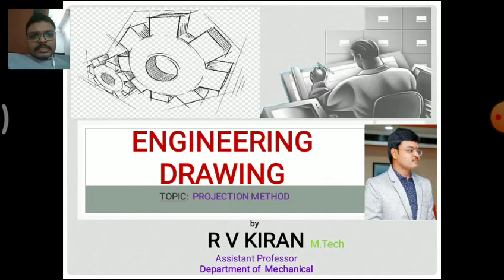In the earlier class we discussed the introduction to engineering drawing. First of all, engineering drawing is a type of technical drawing which is used to clearly define the requirements for engineered items, such as views, dimensions, and necessary information.